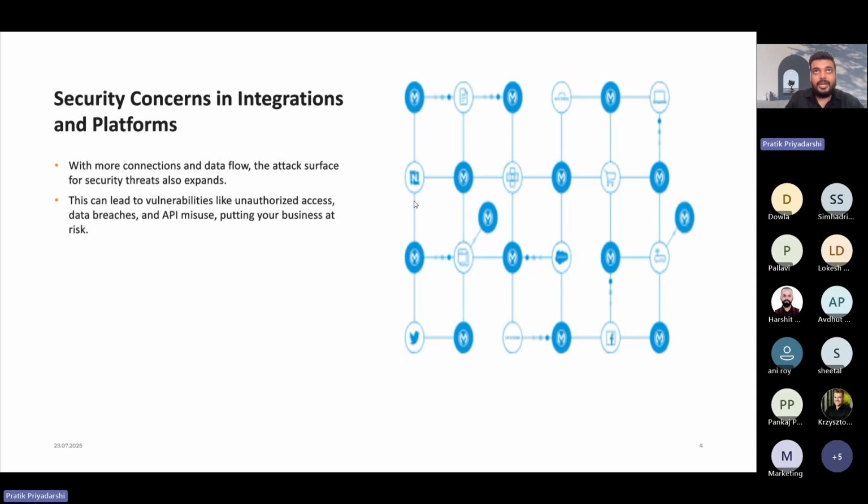I can give you some examples, like a misconfigured API, a legacy system or legacy API that has been forgotten, or an unsecured connector. Sometimes credentials are hard coded by the developer who is in a rush to deliver really fast. And there can be outdated endpoints quietly sitting in production.